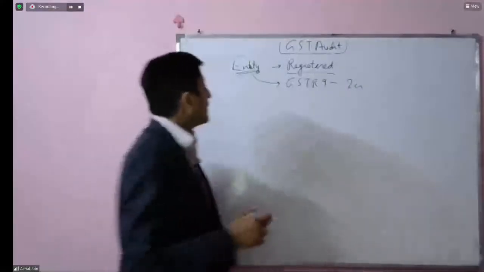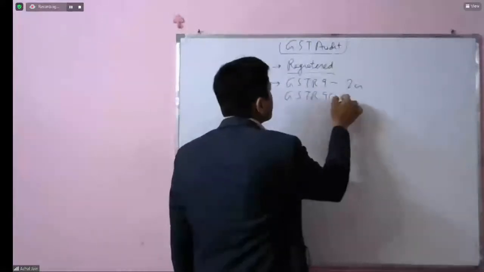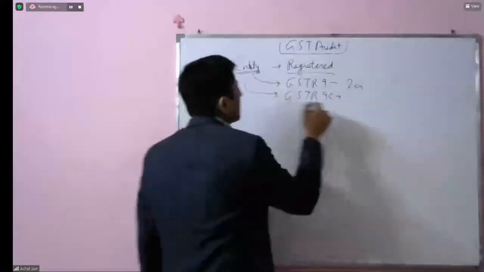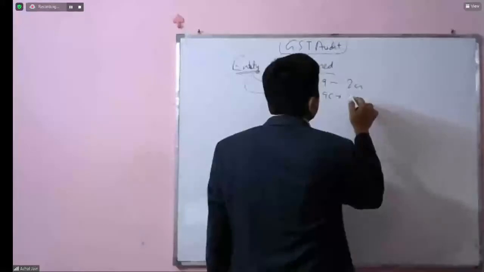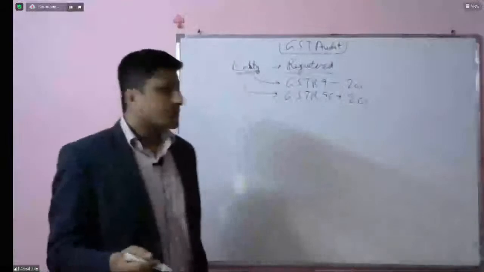Okay. As around GSTR 9C, the threshold is 2 crore if we look at the requirements of the law.